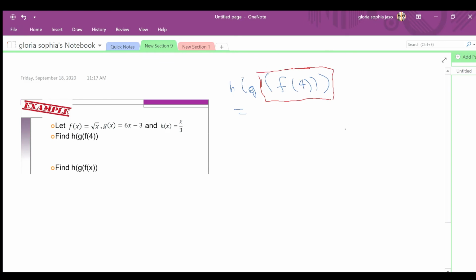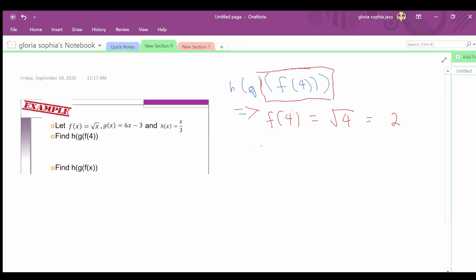Ayan. So, unahin muna natin yan, yung f of 4. So, yung f of 4 natin, ayan, so yung f natin is square root of x. So, substitute natin yung 4 and that will be equal to 2. So, yung f of 4 natin is 2.